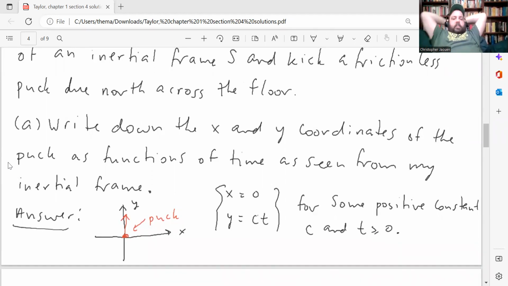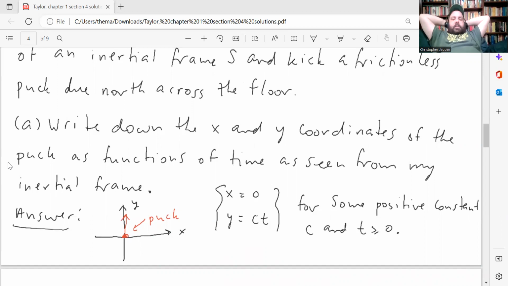Since we're kicking the puck straight north, so straight along the positive y-axis, that means that x stays constant at 0. So the x coordinate is always x equals 0, and y is equal to ct, where we're imparting some initial velocity to the puck. So y equals ct.